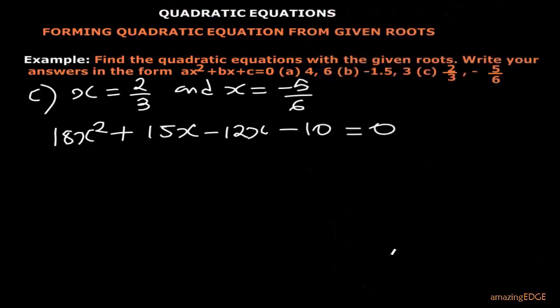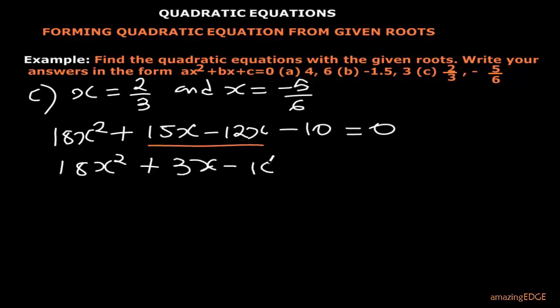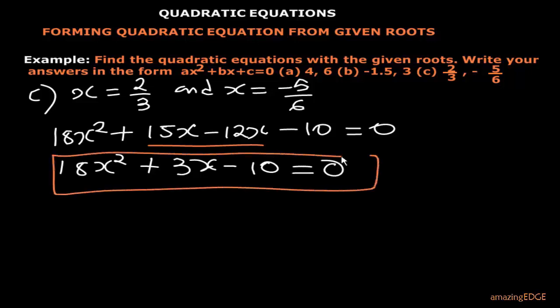So we finish up. Here you have 18x squared, then 15x minus 12x will leave you with 3x, then minus 10 is equal to 0. So this is actually the required quadratic equation. And of course, if you solve this, we're able to get the solution of that quadratic equation.